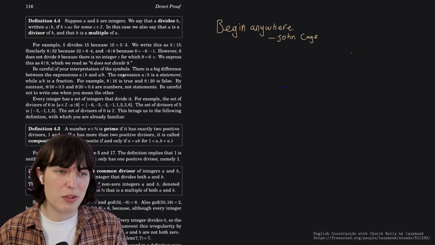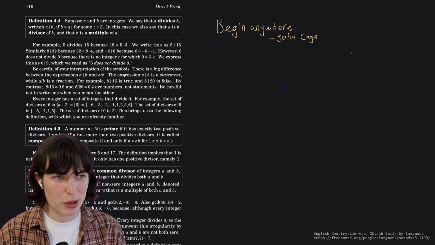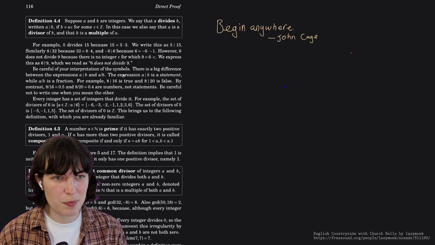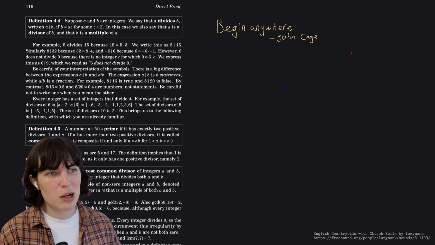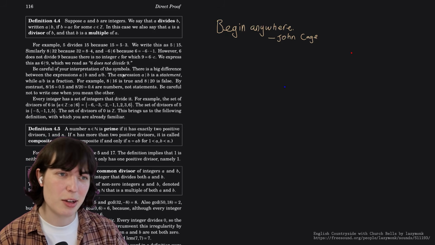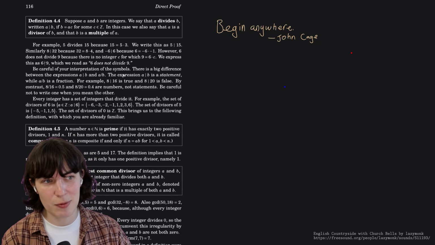For example, 5 divides 15 because 15 equals 5 by 3. We write this as 5 bar 15. Similarly, 8 bar 32 because 32 equals 8 by 4, and minus 6 bar 6 because 6 equals minus 6 times minus 1. However, 6 does not divide 9 because there is no integer c for which 9 equals 6c.